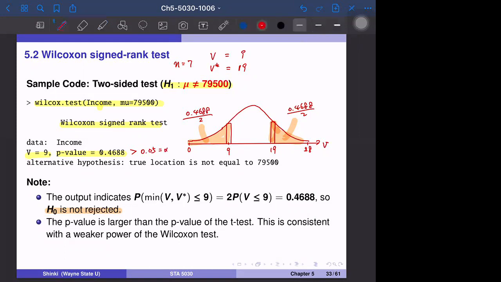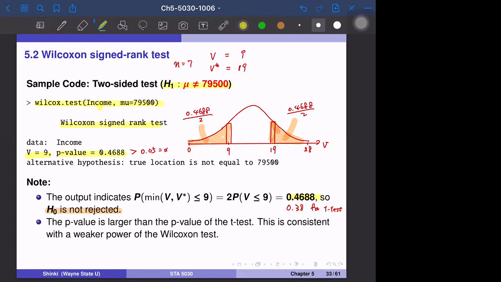So 0.38 was the p-value for the t-test. So the p-value is slightly larger, and it's consistent with the fact that the Wilcoxon signed rank test has lower power. It's more difficult to get a smaller p-value for the Wilcoxon signed rank test.